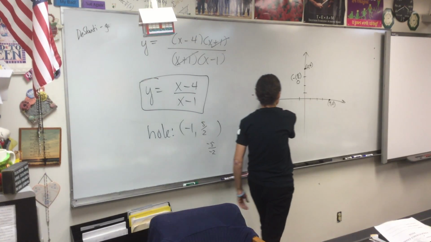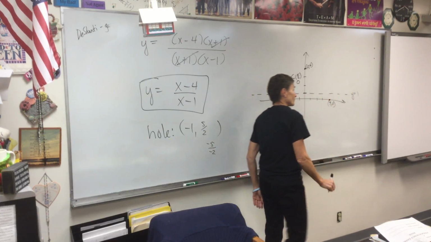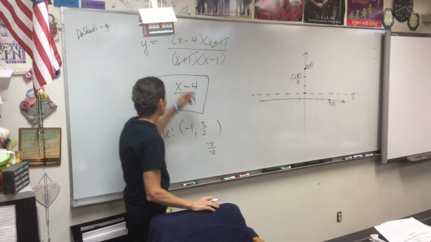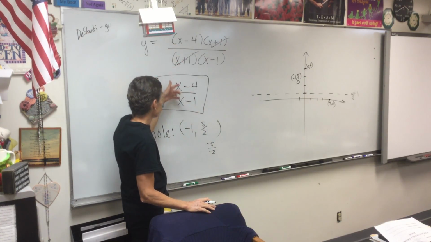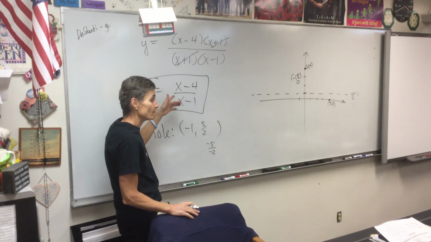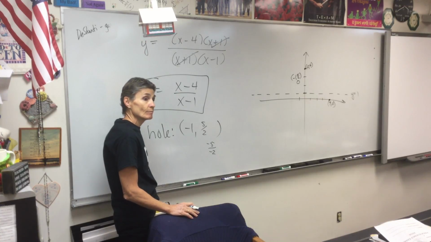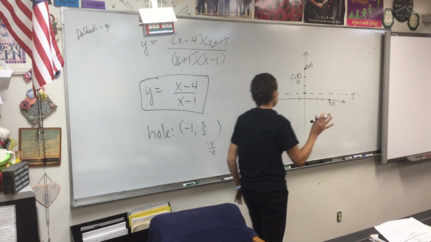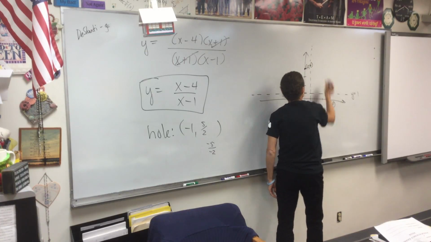Horizontal asymptote's 1 because we've got x over x. Don't be confused. In the beginning we had x squared over x squared. Now we have x over x. Same thing. It'll always be the same. Don't worry. And do I have a vertical asymptote? X equals 1. Vertical asymptote, x equals 1.